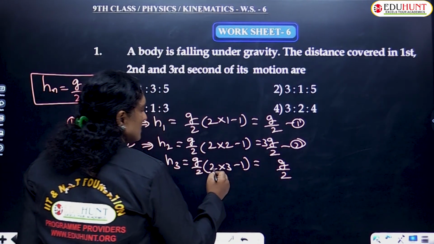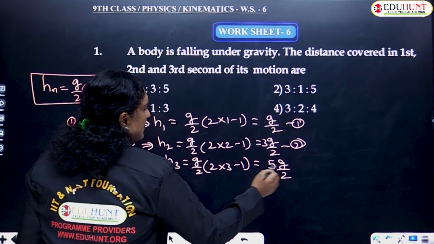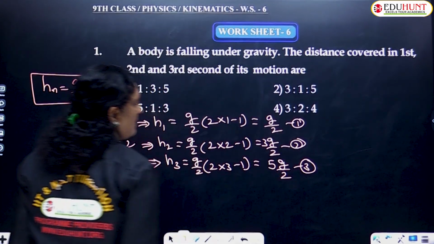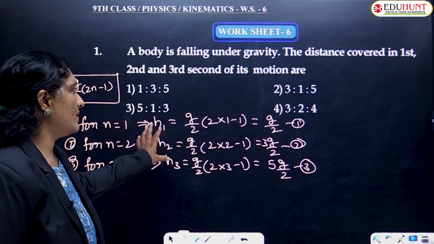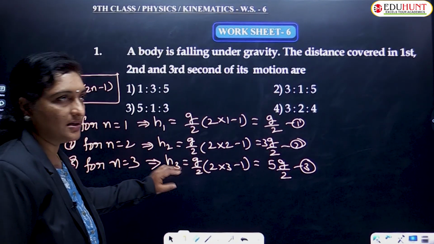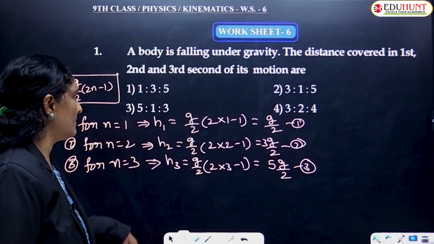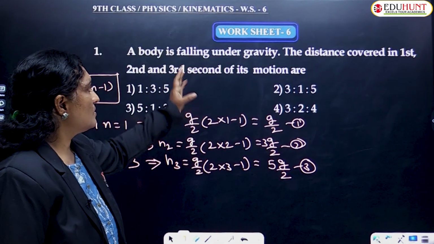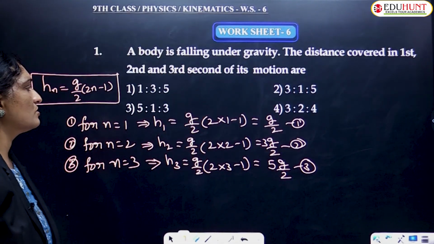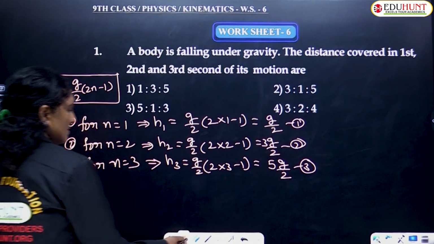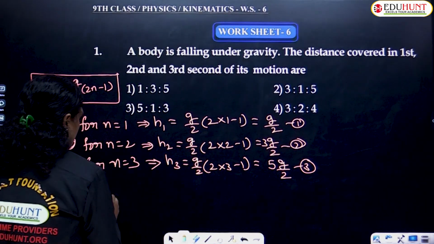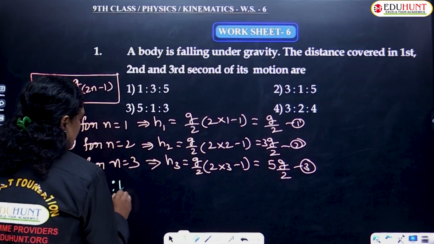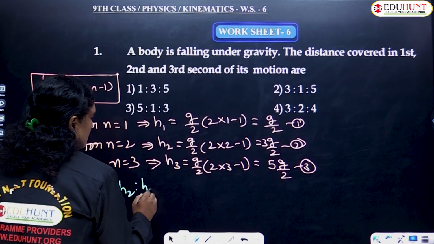But here the values are given. I have already given you the value of g as 9.8. So substituting in the above equation, 5 into 9.8 by 2. This goes by 4.9 times. So 4.9 into 5: 9 5s are 45, 5 4s are 20, that gives 24.5.